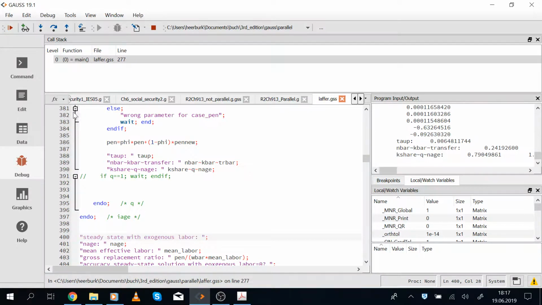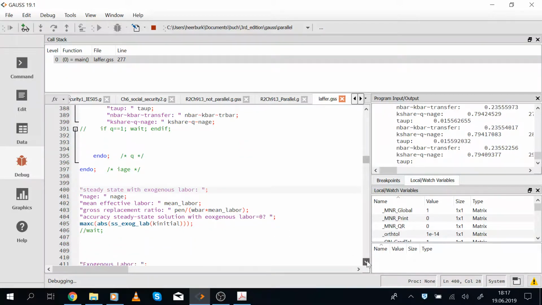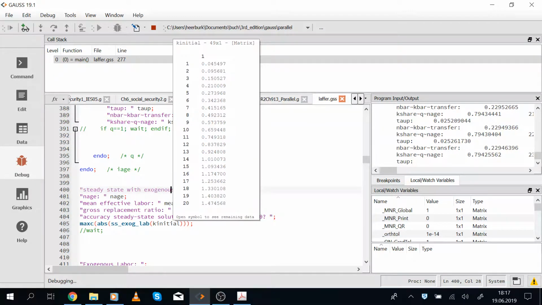So let's jump into line 400 where this is completed. So this will take 1 or 2 minutes, and then we just display our equilibrium values, and observe whether our computation is accurate. So we use our solution K initial and see if indeed our procedure SS exogenous labor supply returns 0.